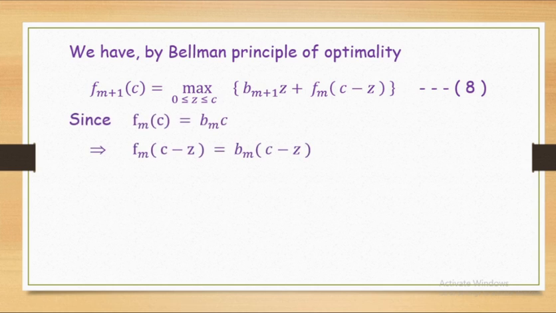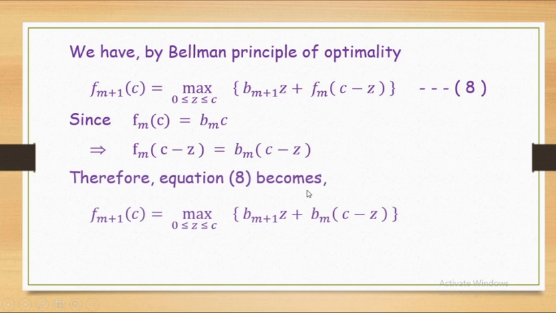Since fm of c is equal to bm of c, that implies fm of c minus z is equal to bm of c minus z. Therefore, equation 8 becomes f(m+1) of c is equal to the maximum over 0 less than or equal to z less than or equal to c of b(m+1) of z plus bm of c minus z.